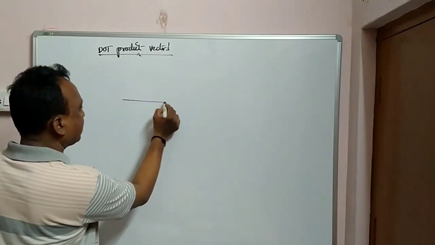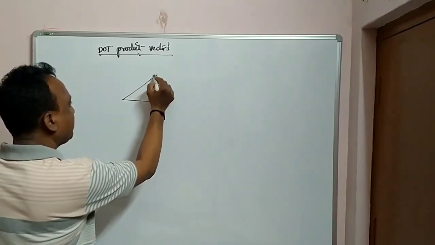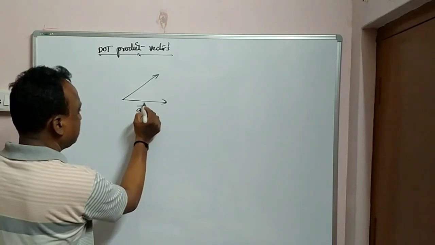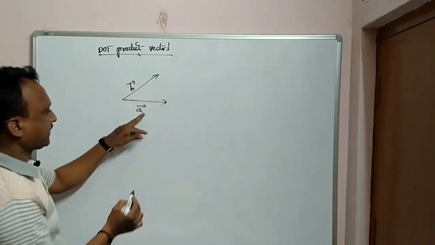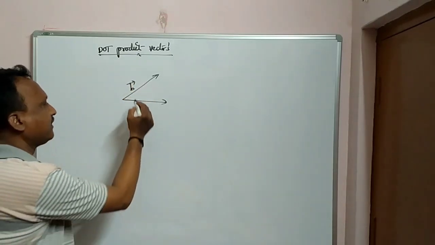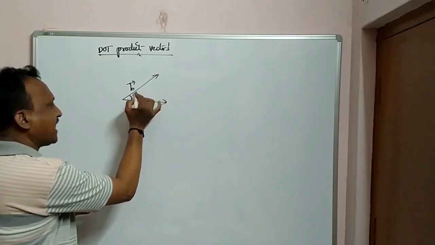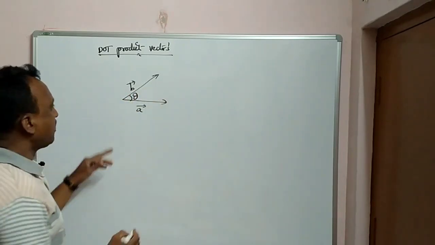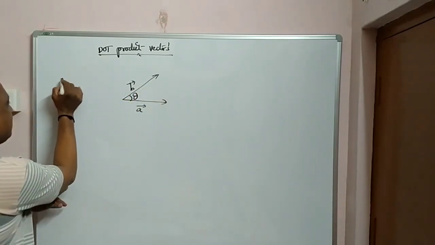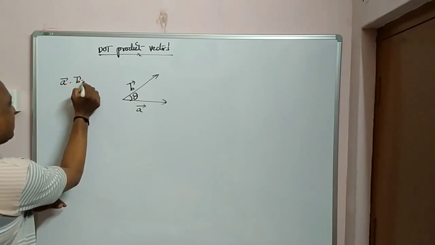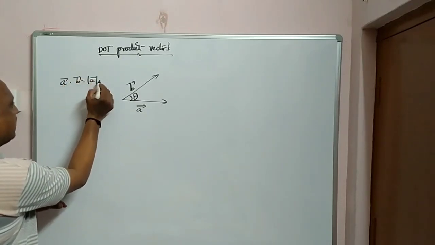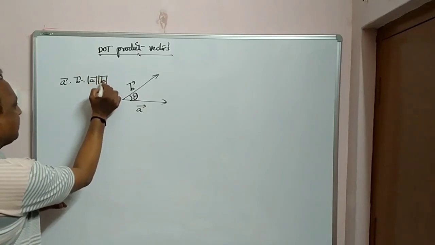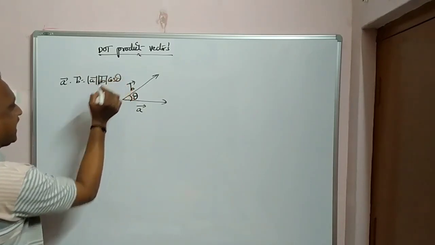For example, suppose two vectors are there, a bar and b bar. If theta is the angle between them, then the dot product states that a bar dot b bar is equal to modulus a bar, modulus b bar, into cosine of the angle between them.